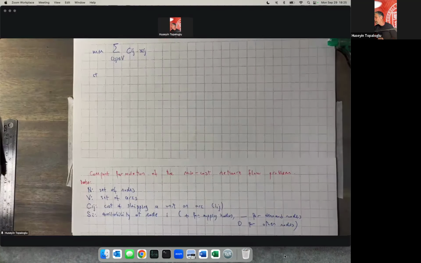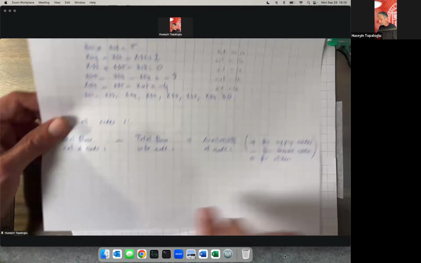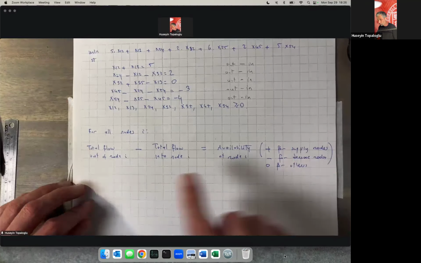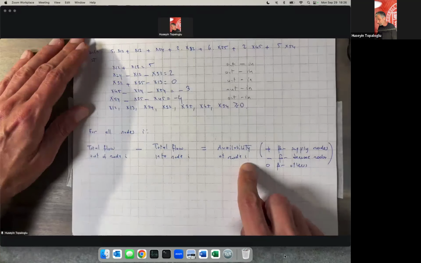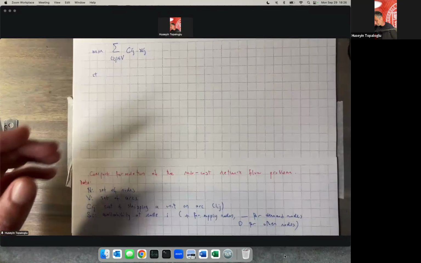Okay. Our flow balance constraint is going to be of the form total flow out of node i minus total flow into node i is equal to the availability at node i. Let's write this down.